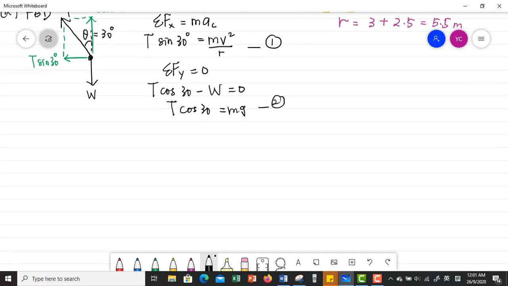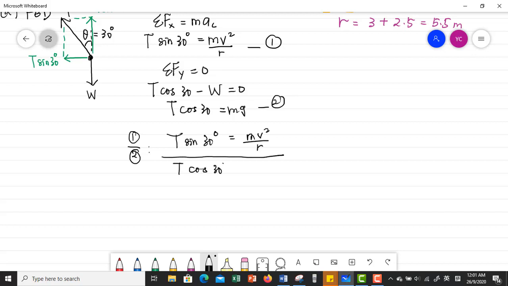Let us take equation 1 divided by equation 2. I'm going to have T sine 30 equal to mv squared over r, divided by T cos 30 equal to mg. So cancel out the m and also the tension. I'm going to have tangent 30 equal to v squared over rg.